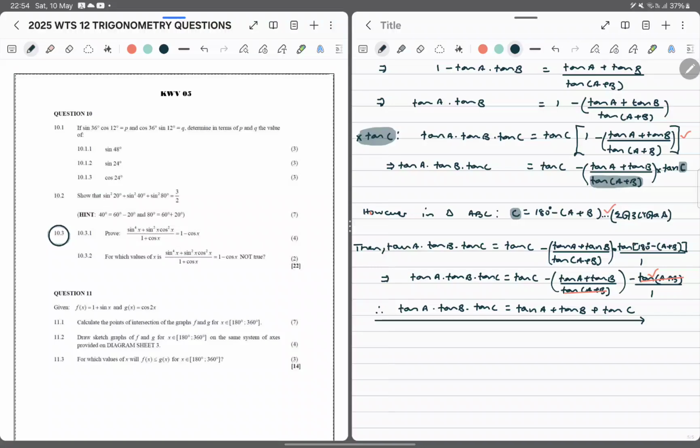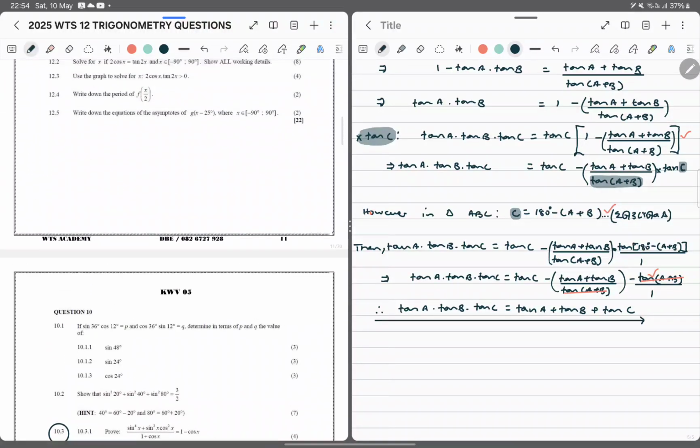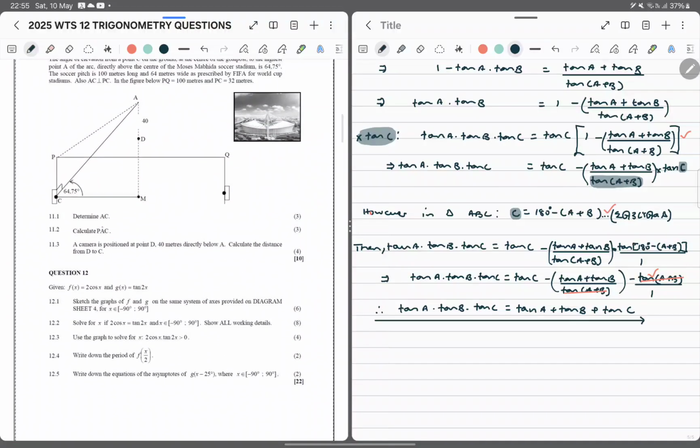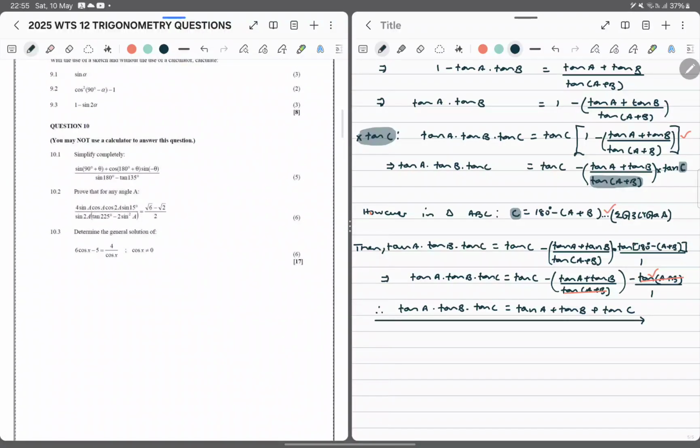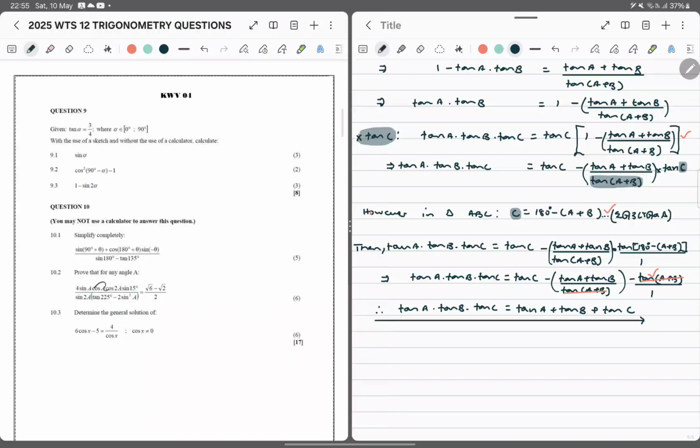Let's take this 10.3, because I like this part. This is what is actually attracting me to this question. When there are some strange things being said, this is when I get very excited, because we're not doing general solutions here.